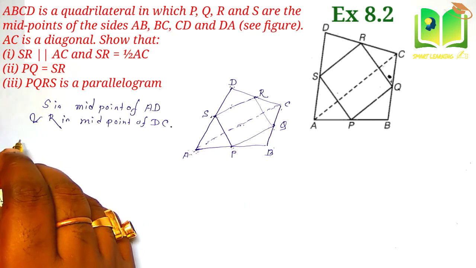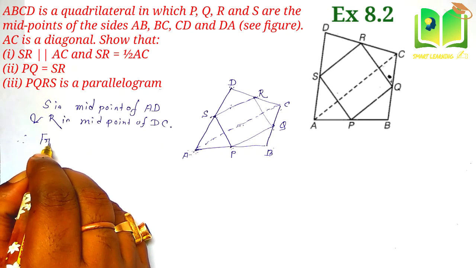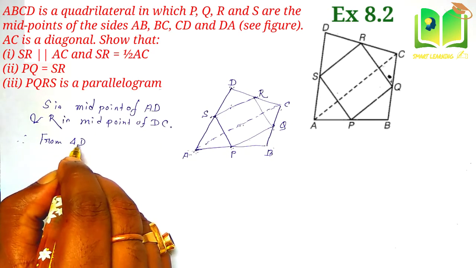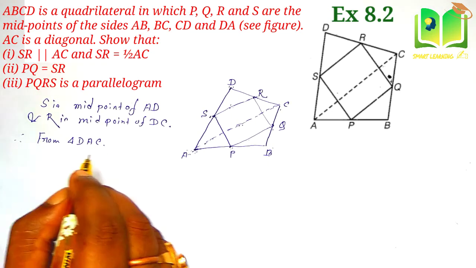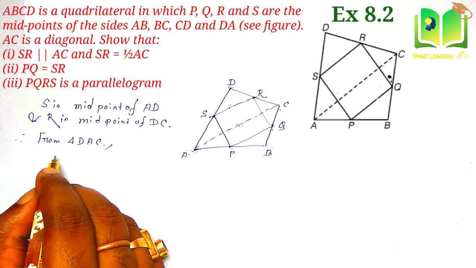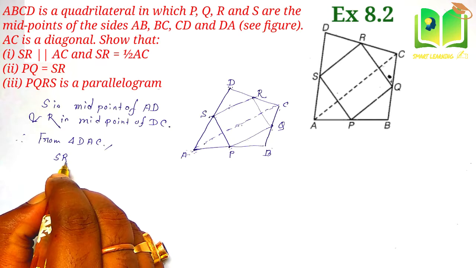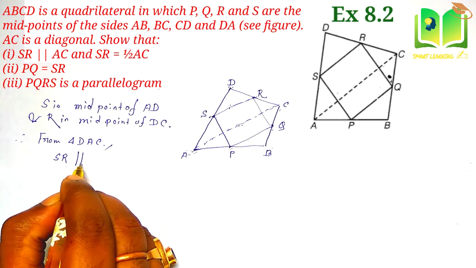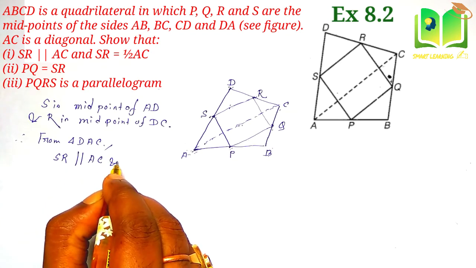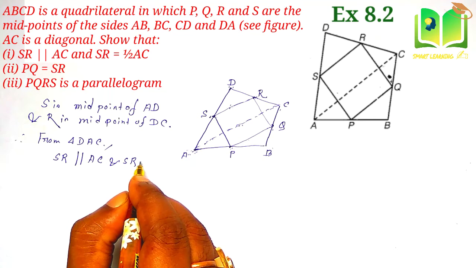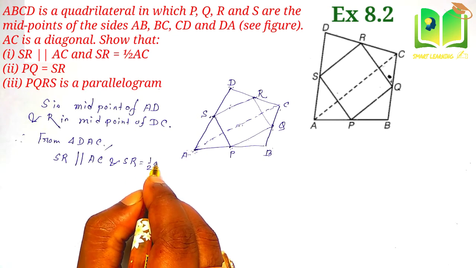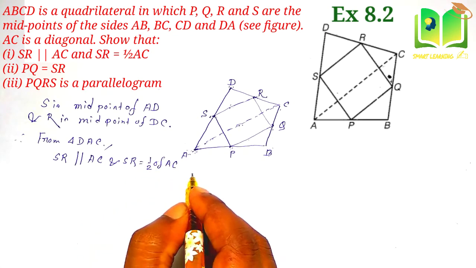Therefore, from triangle DAC, SR is parallel to AC and SR equals half of AC.